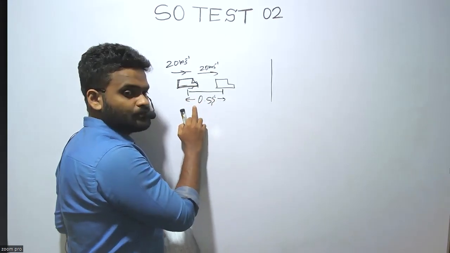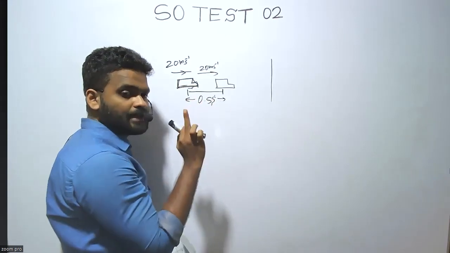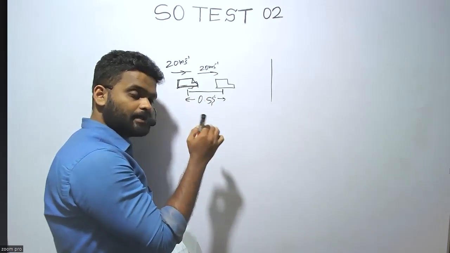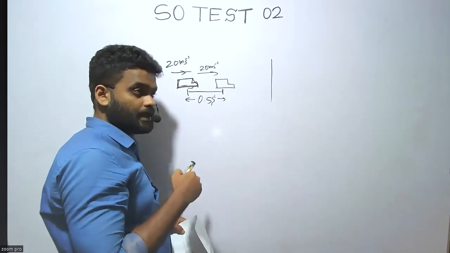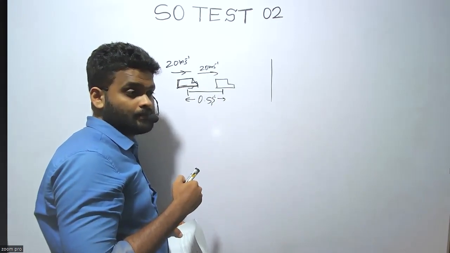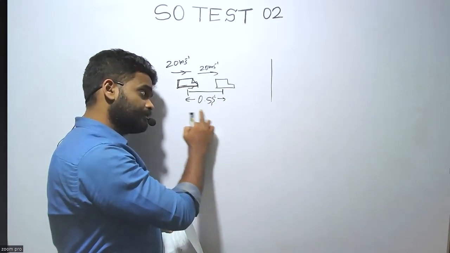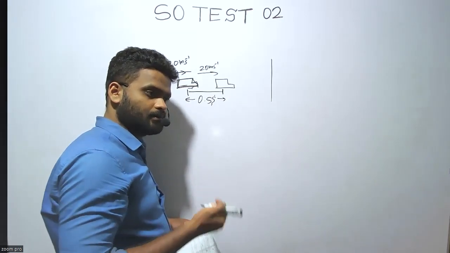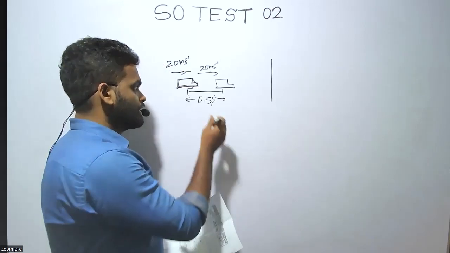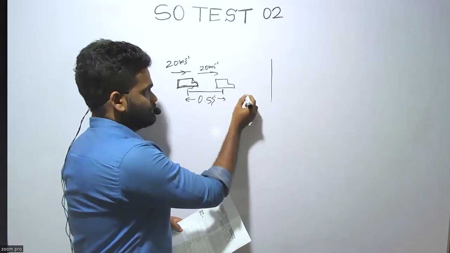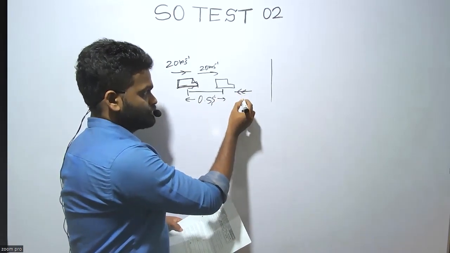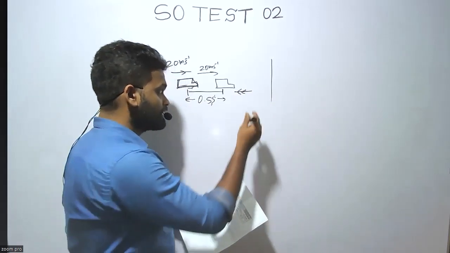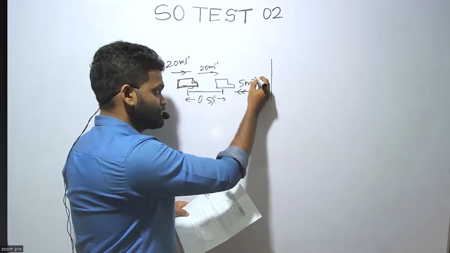Remember that within the reaction time, the brake is not applied. The brake is only applied after the reaction time, right? So this is the time it took for the reaction of the driver. After this time, it starts to decelerate due to the brakes. The deceleration is given as 5 meters per square second.